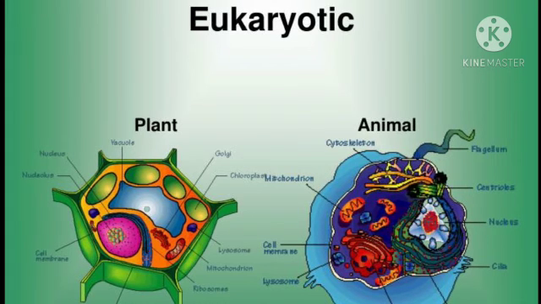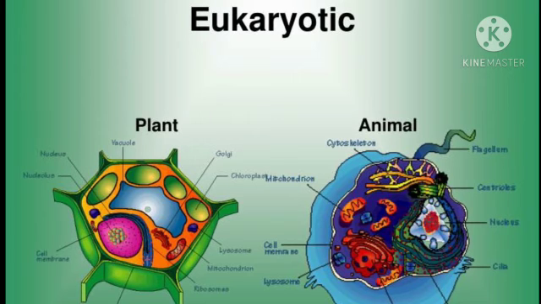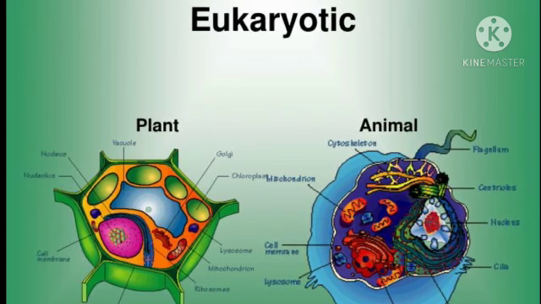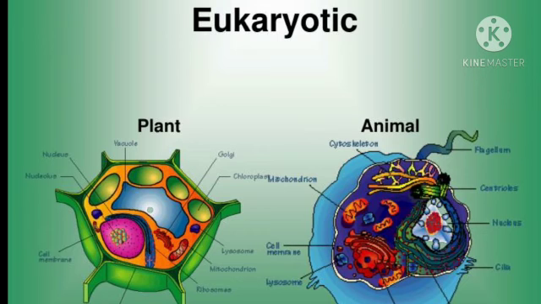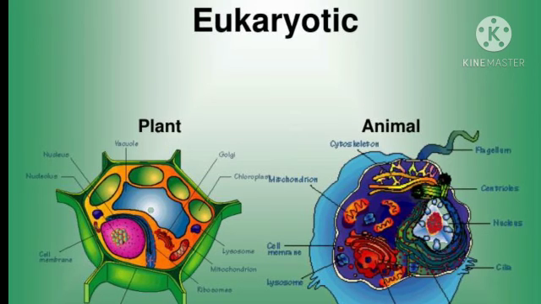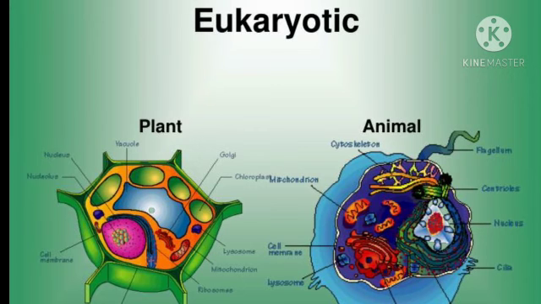The plasma membrane is made up of a phospholipid bilayer with embedded proteins that separate the internal contents of the cell from its surrounding environment. The next topic is ribosomes. It is a large and complex molecular machine that catalyzes the synthesis of protein.